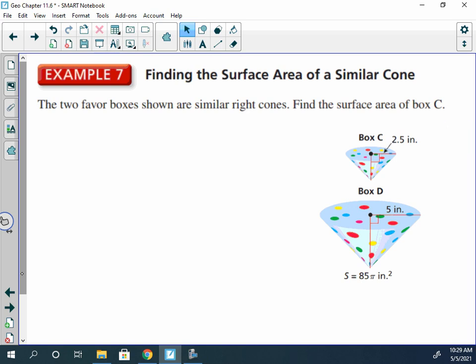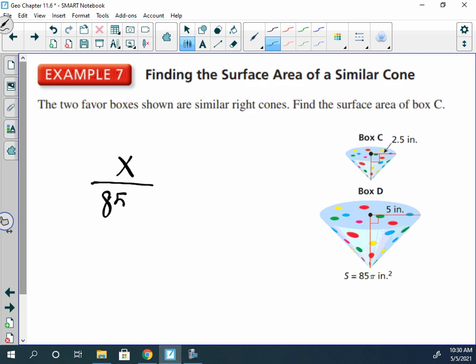All right. We'll look at one cone, and this will be the last one for today, because as we start noticing with most of these, once we get the idea, it doesn't really change all that much. It works the exact same for this. So we'd have our surface area over 85 pi is equal to, and the 2.5 over 5 would be squared.